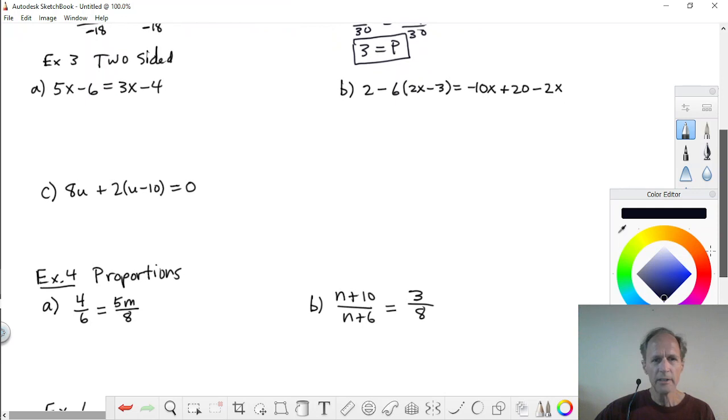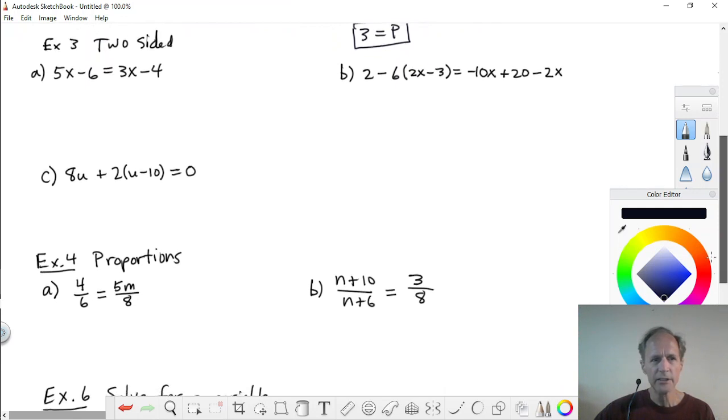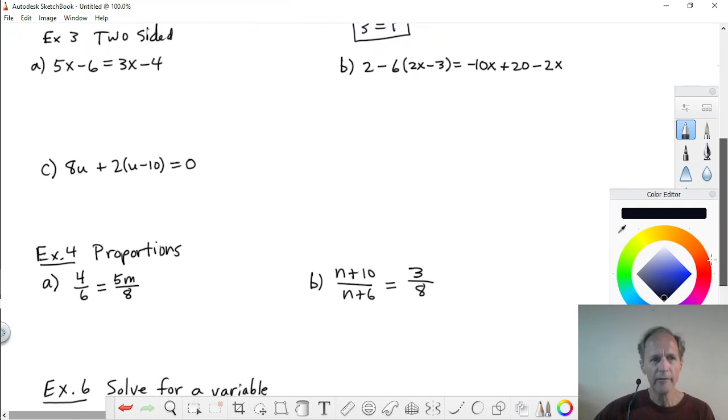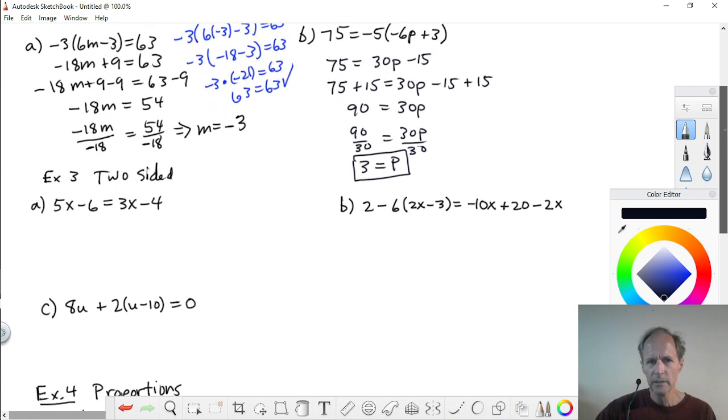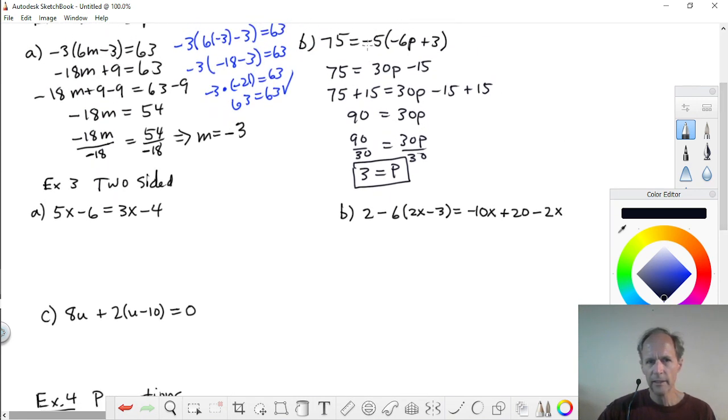Okay, so we'll call this two-sided equations. They have x's on both sides, so it'll be a little bit more work. These others only had the variable on one side or the other, like this one right here had a variable over here on the right side but not on the left.